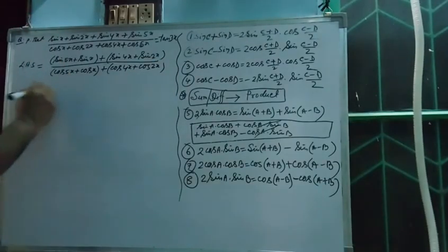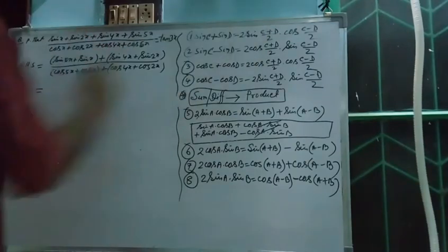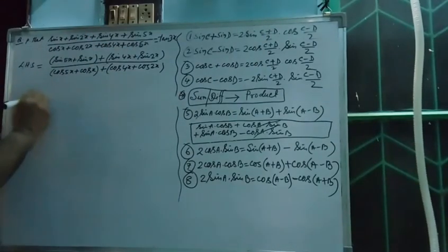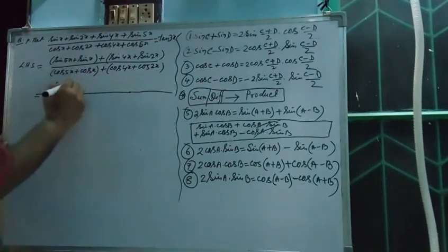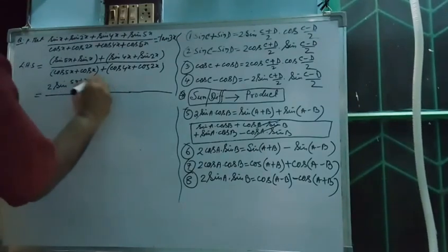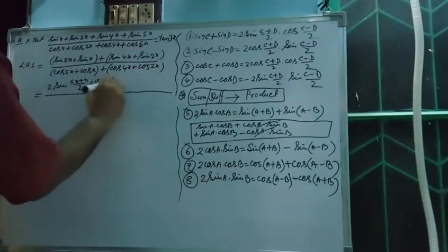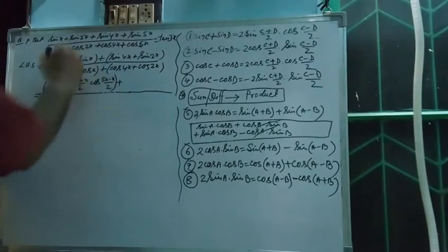See, why did we make such a group? Now you will understand. Sin c plus sin d is 2 sin (c plus d)/2, that is (5x plus x)/2, that is 6x by 2, into cos (c minus d)/2, (5x minus x)/2, plus this is for this term.